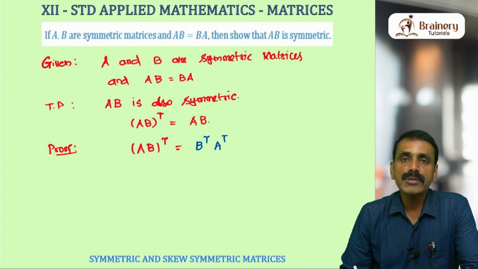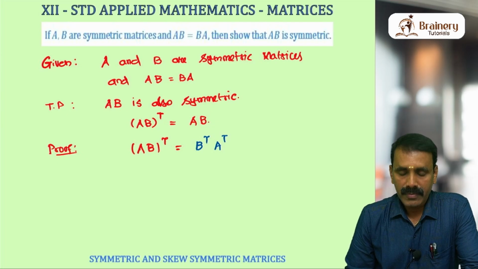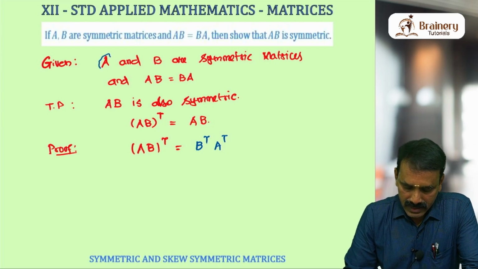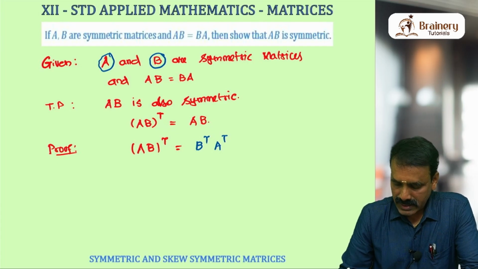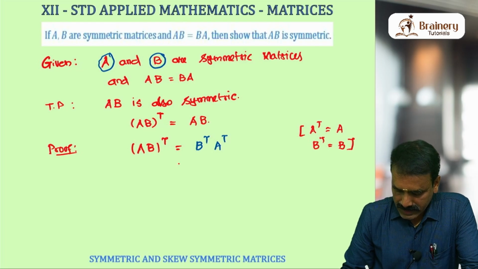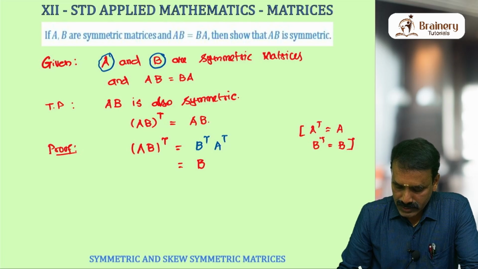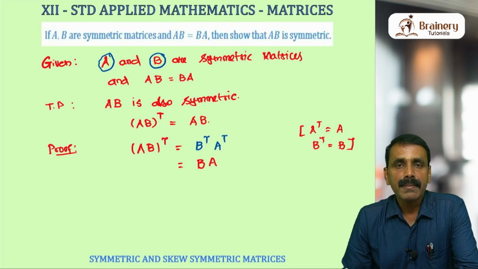And it is given A and B are symmetric matrices. Because they are symmetric, we can clearly say that A transpose is equal to A and B transpose is equal to B. So B transpose is written as B, A transpose is written as A.